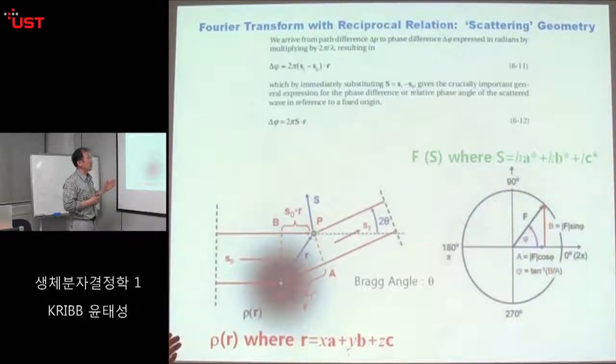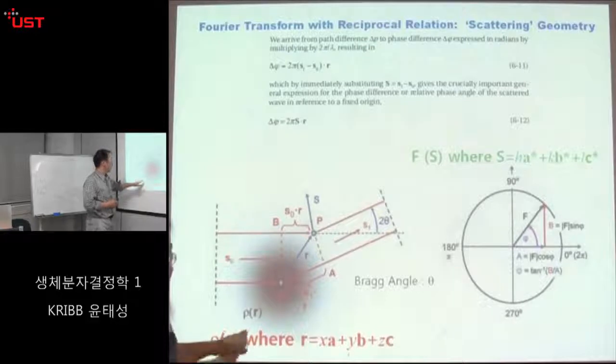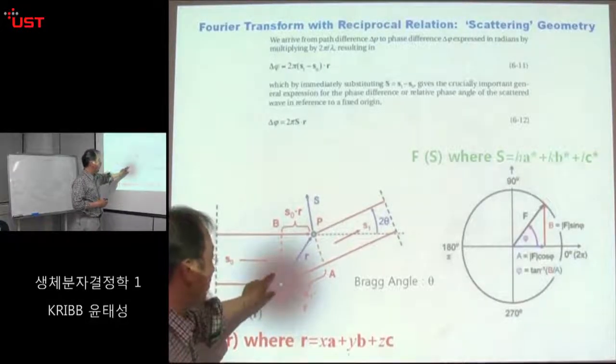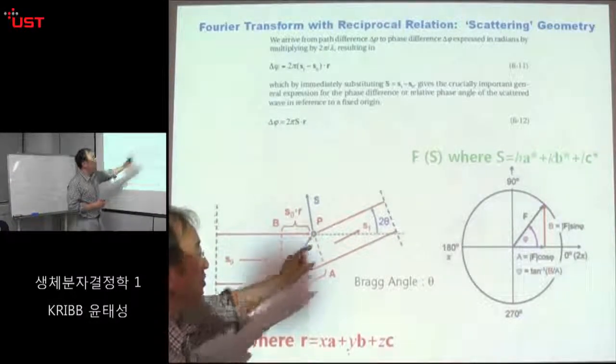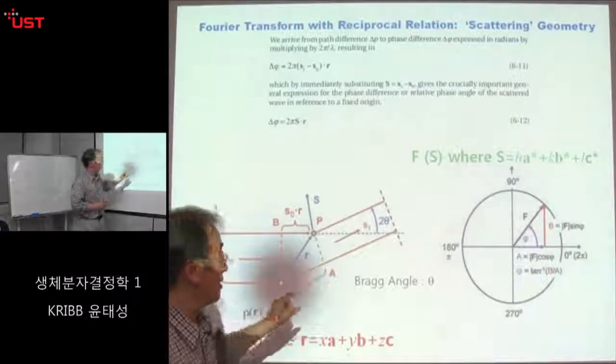Here, scattering geometry itself is not about symmetry, but I introduced the result of translational symmetry in scattering geometry. The result is like this. I'll repeat again. If you have a symmetrical sample along ABC, then we will have an integral diffraction pattern in HKL.